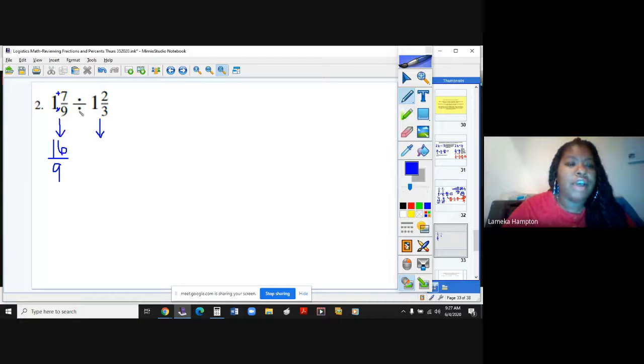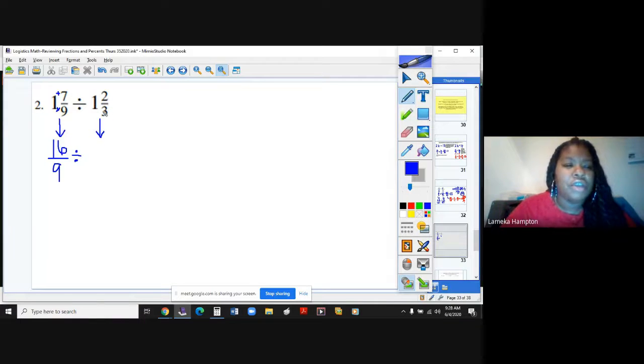Okay. Now, I am not going to change anything yet. I'm still going to bring my division sign down, because remember, this is a step-by-step process. I want to make sure that I cover each step as clearly and concisely as possible. So again, I now have 1 and 2/3, and I want to convert this into an improper fraction.